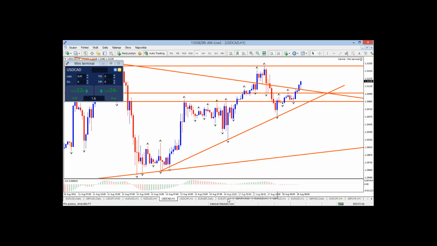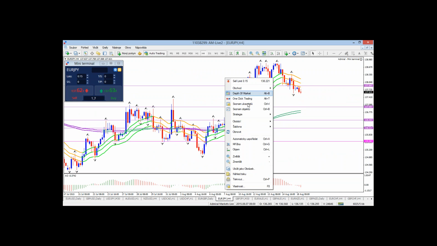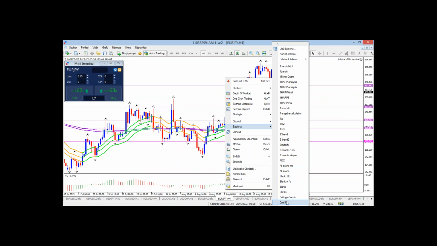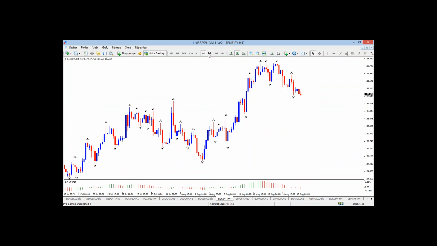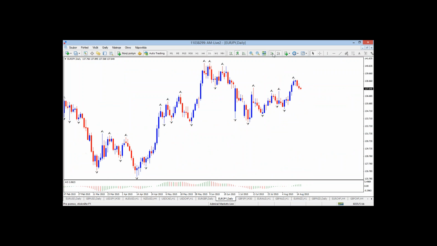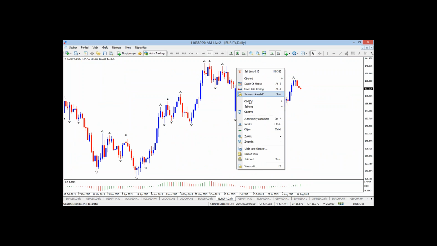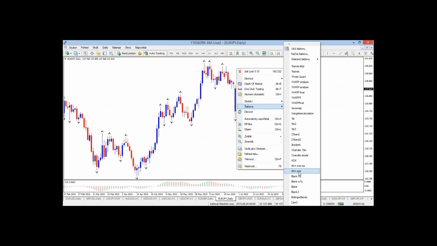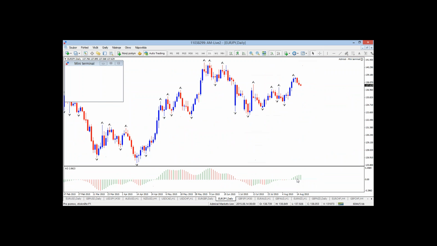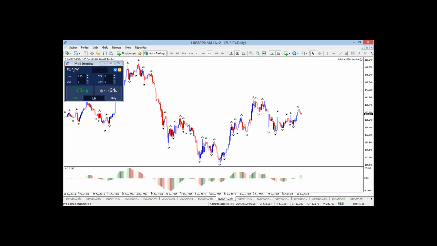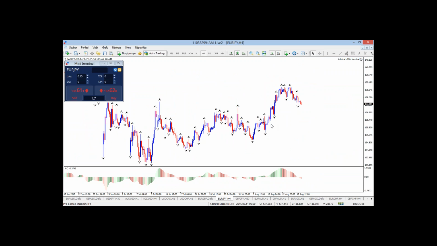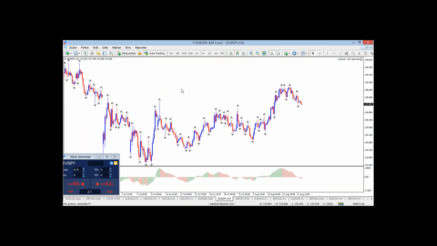Now, maybe not so. Maybe the Euro-Yen. Let's take a look at a different pair. All right, let's see. 4 hour chart. Is there a trend going on in the 4 hour chart? Certainly broke above this downtrend.